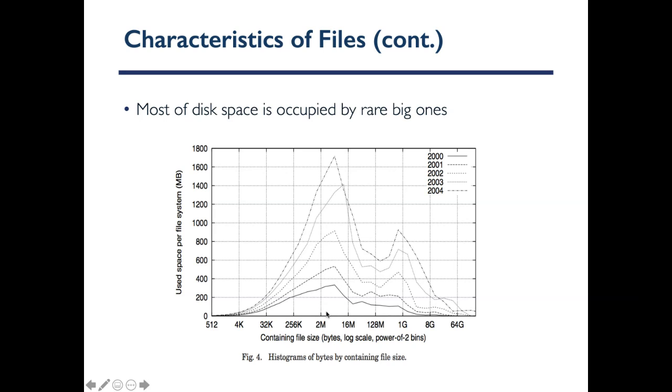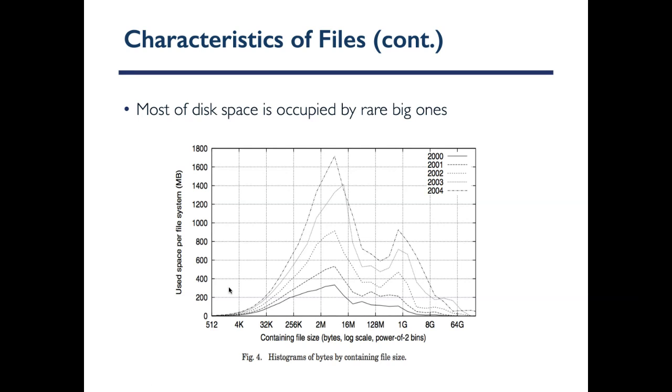And then again, the curves show different years. So just look at this one. Let's say you look at files that are 2 megabytes in size. In 2000, they were occupying about 300 megabytes.